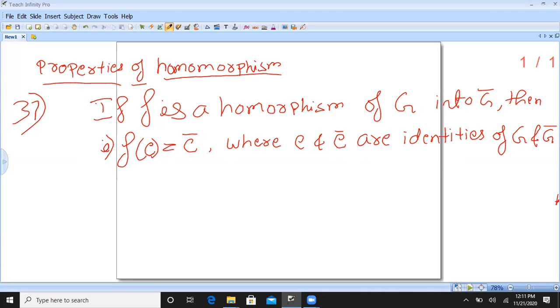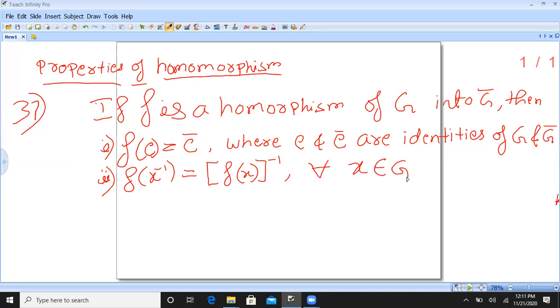And the next condition: f(x inverse) = (f(x)) inverse for all x belonging to G. This is your first property of the theorem.